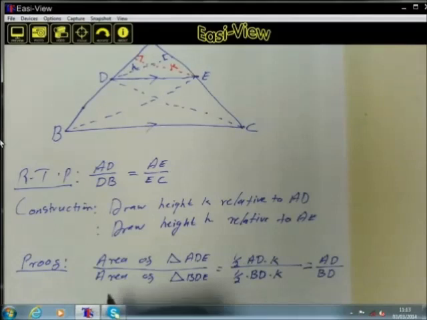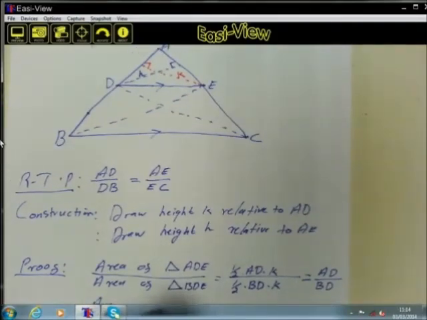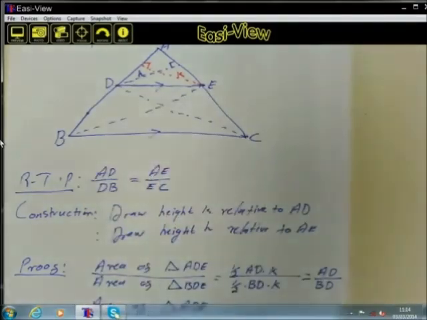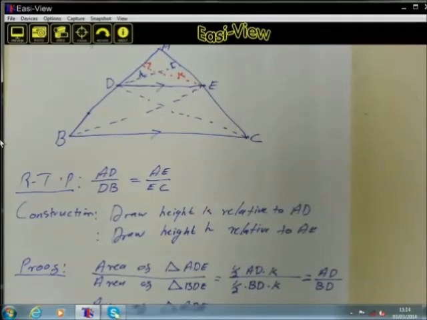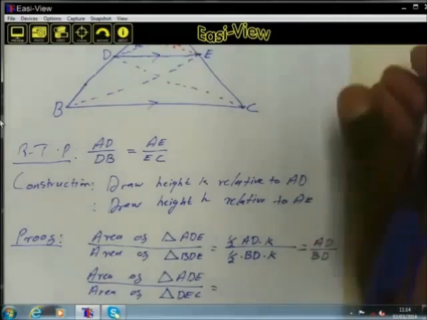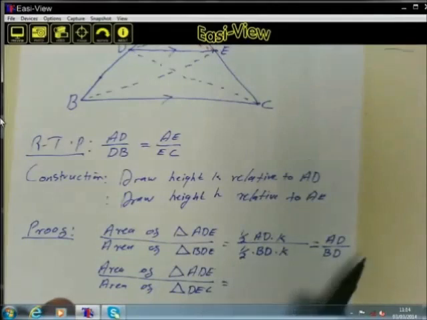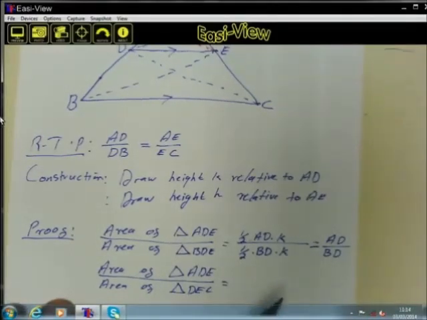Let's carry on. Area of triangle ADE divided by area of triangle DEC. Remember the formula we use to calculate the area of a triangle is half base multiplied by height.